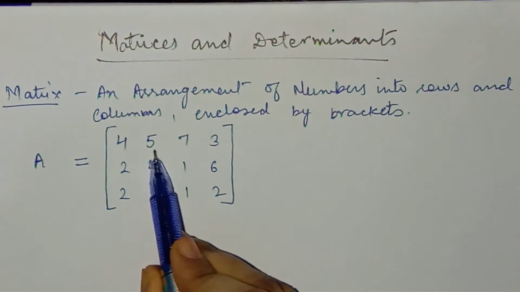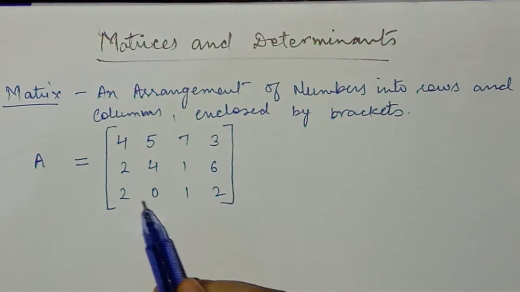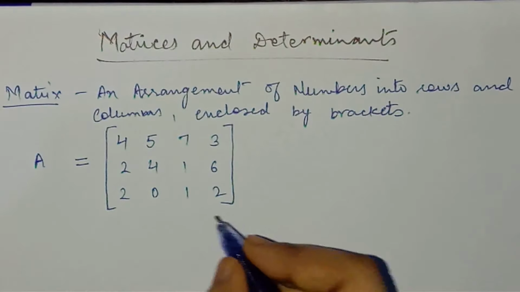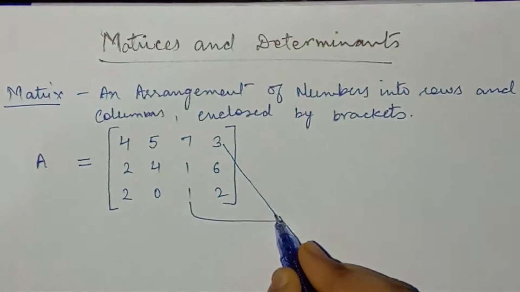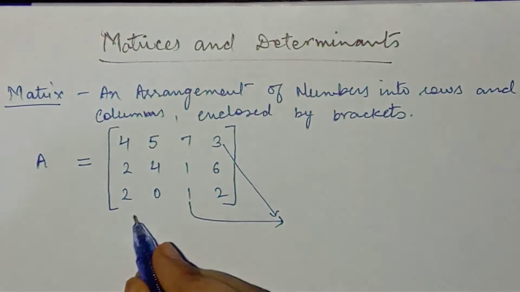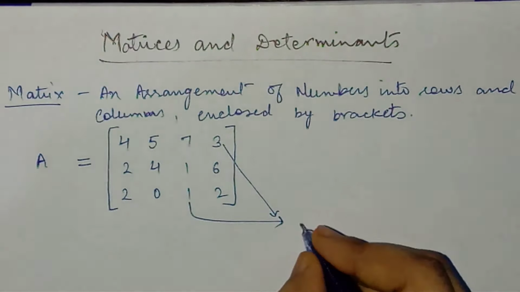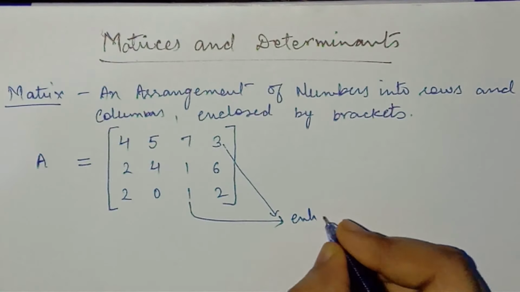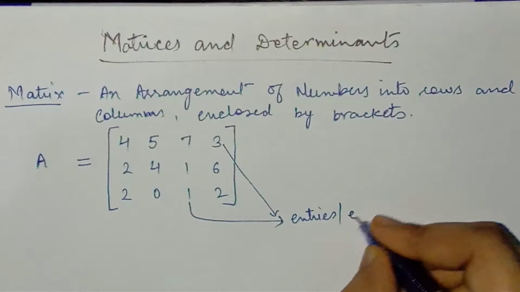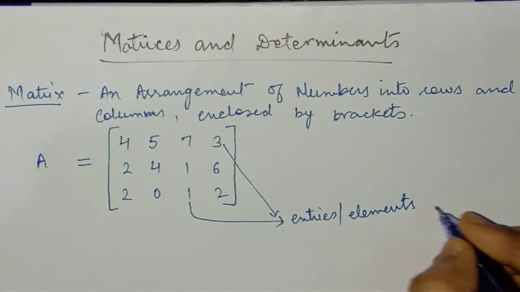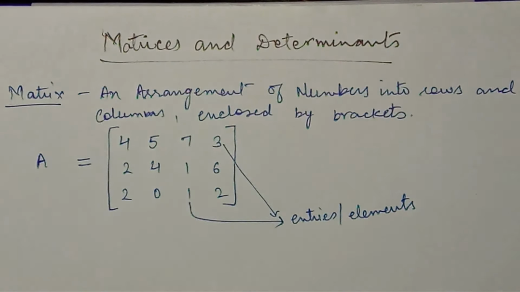Now the individual entries, that is these numbers which are forming the matrix, are called as entries or entry, or also called as elements of this matrix. So these are called as entries or elements of the matrix.